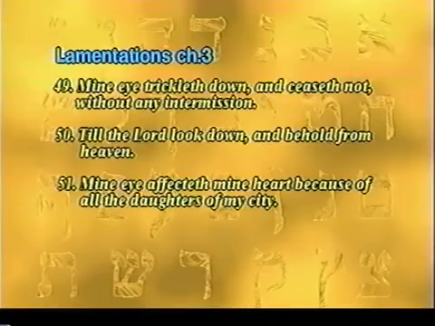Verse 49: "Mine eye trickleth down and ceaseth not, without any intermission." Verse 50: "Till the Lord look down." There are the eyes of God: "and behold from heaven." Verse 51: "Mine eye affecteth mine heart because of all the daughters of my city." That's spectacular. The mouth first and then the eye. How about that? It's just amazing.